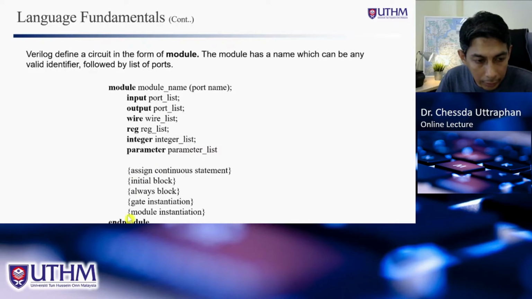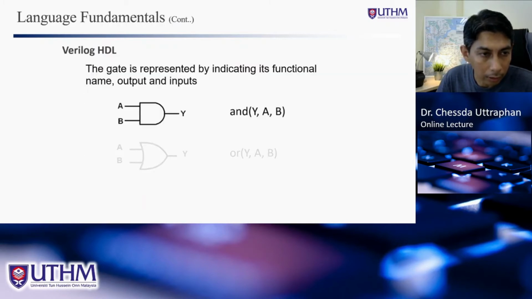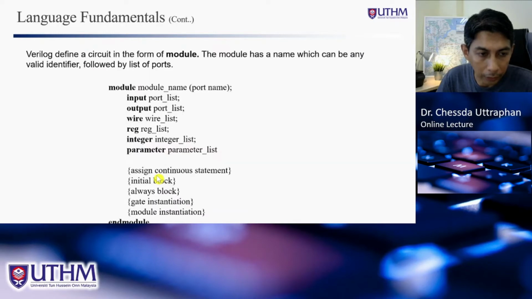And after that is the body of our circuit description. How do we want to describe our circuit? We have what we call the assign continuous statement, which we will see later, the initial block or always block, gate instantiation or module instantiation. Gate is just a logic gate. So if we want to use logic gates in our design, we can use what we call gate instantiation.